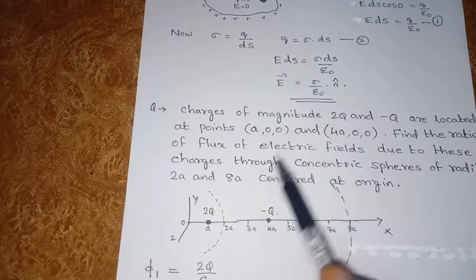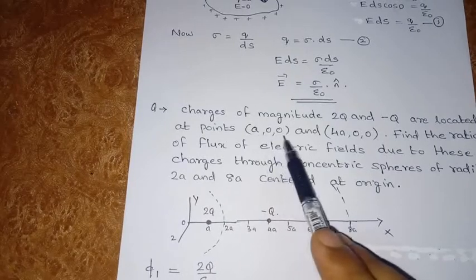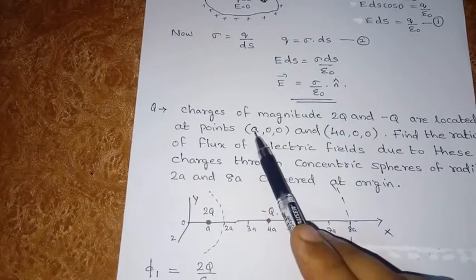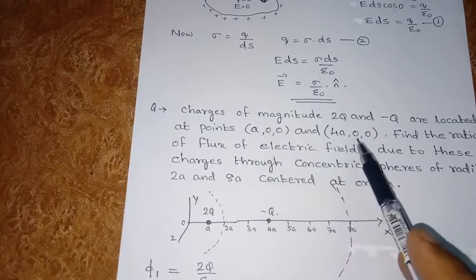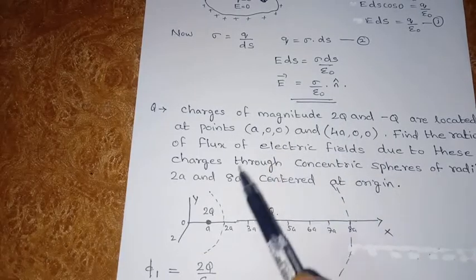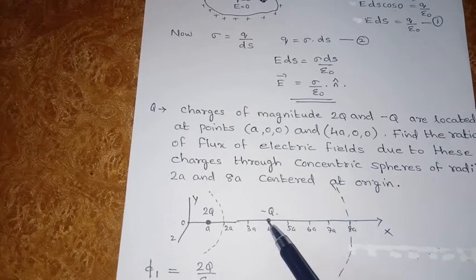The charges are placed at (a, 0, 0) and (4a, 0, 0). These are Cartesian coordinates, so the charges are placed on the x-axis only, because the y and z coordinates are 0. The first charge is placed at a, and the second charge is placed at 4a.